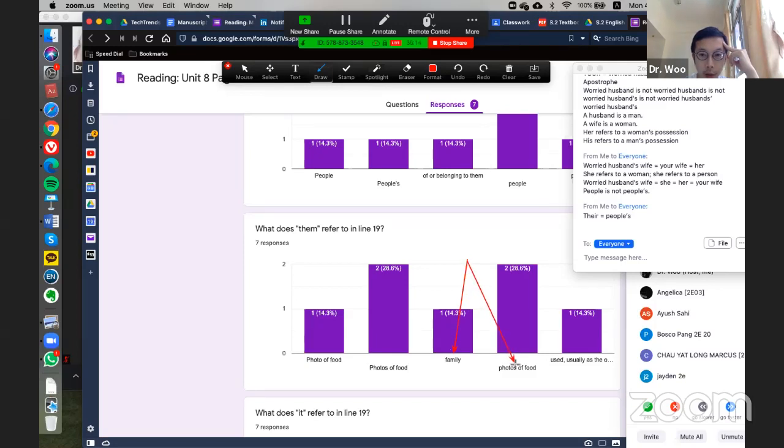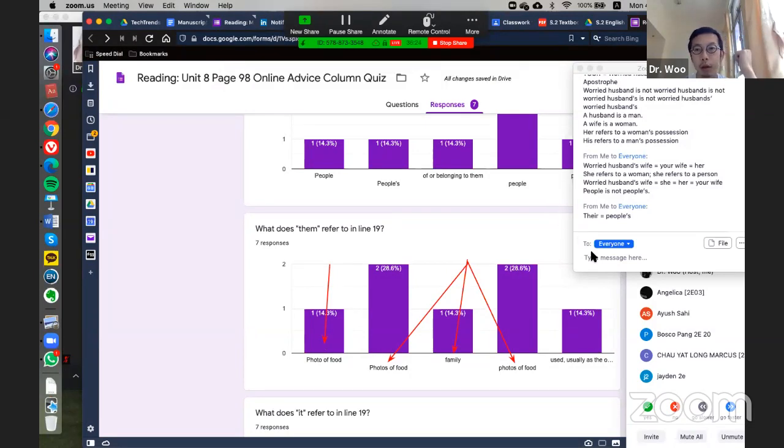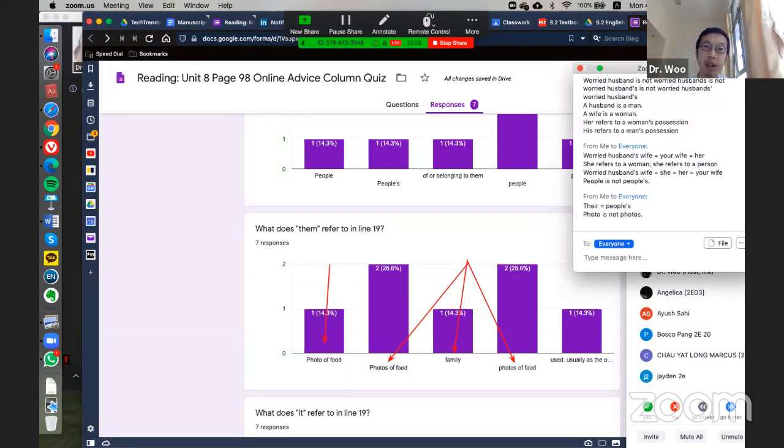We see photos. More than one. And then we see photo. Just one. So again, photo is not photos. The meaning is different because there's an S. That changes the meaning of the word. So let's check it out. Line 19 then.